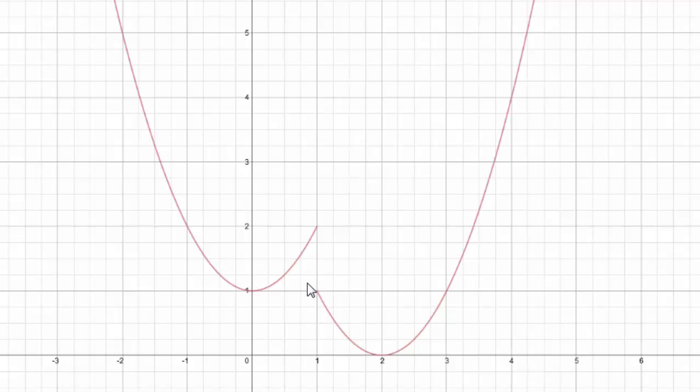So this is what it looks like, and sure enough, as you approach 1 from the left, you go up here to 2, and as you approach 1 from the right, you go here to 1. Feel free to use graphs of piecewise functions to verify that your answer is correct, but you don't want to use them to actually get your answer. The way to actually verify that you're going to get the correct limit is to do these algebraically or using limit laws.